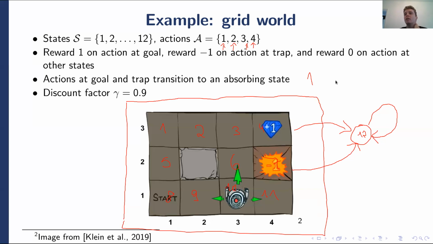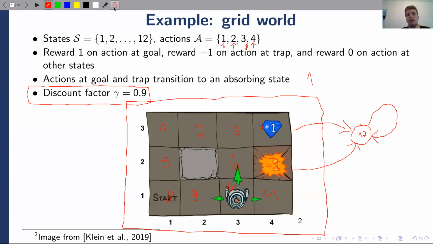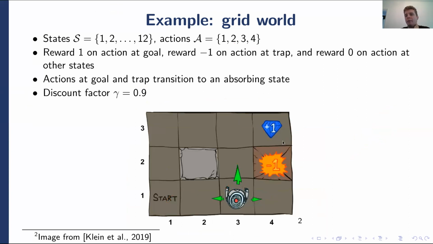You can model it as a reinforcement learning problem in this way. Now, what's really important that I didn't mention yet is that suppose I did not have a discount factor in the problem as it currently is formulated. Well, in the way that the problem is currently formulated, there is no incentive for the agent to reach the goal quick, right?